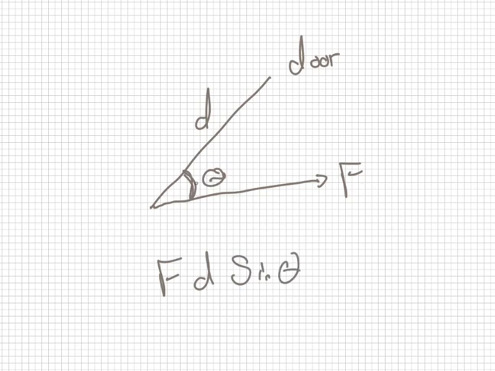What would happen if the theta is 90 and it's perpendicular? What's sine 90? It's 1. So it would just become FD. Now, imagine instead I measure the angle here. Let's call it alpha. It wouldn't be FD sine theta. It would be FD cos alpha.